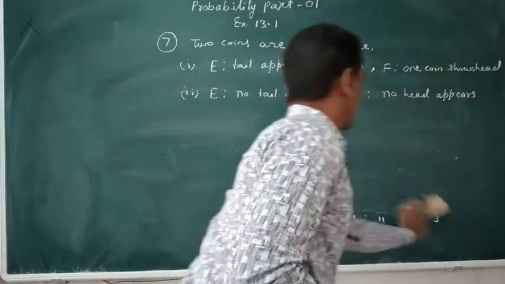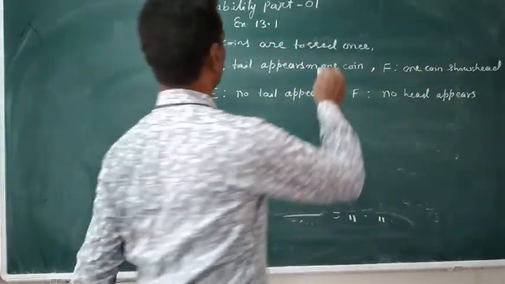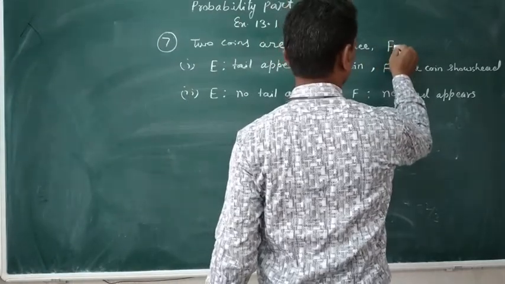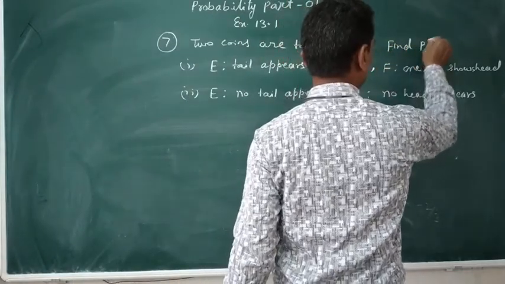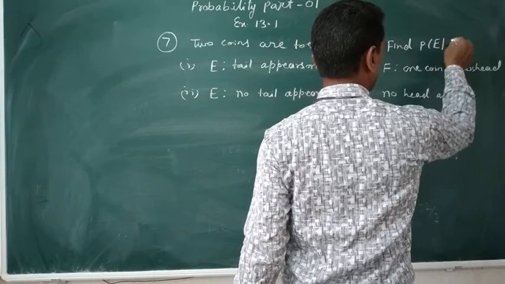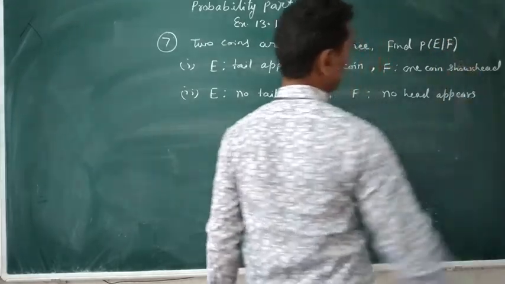In each situation, we have to find the probability of E when F has already occurred.